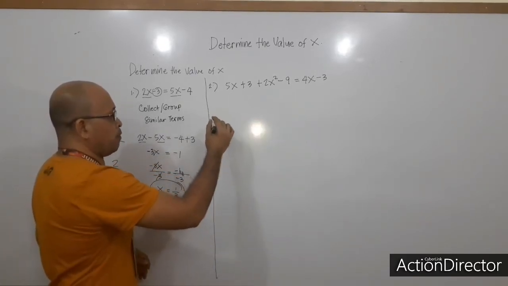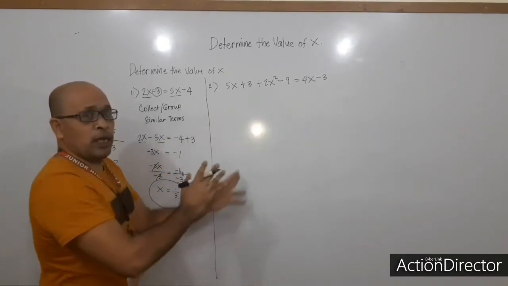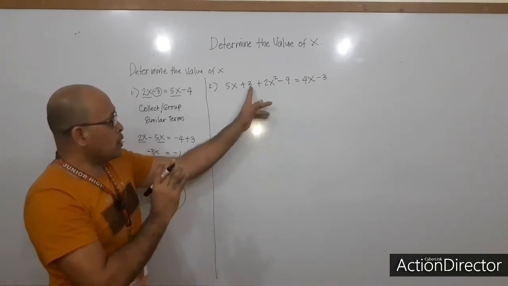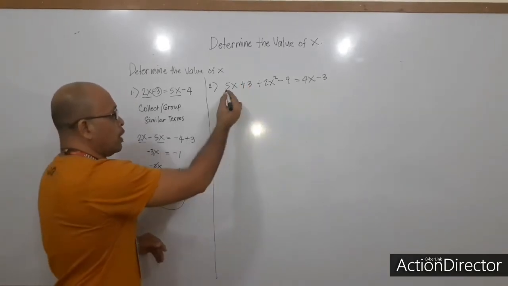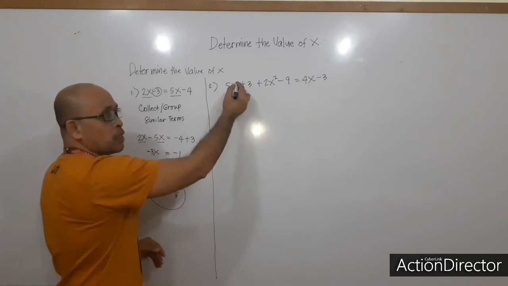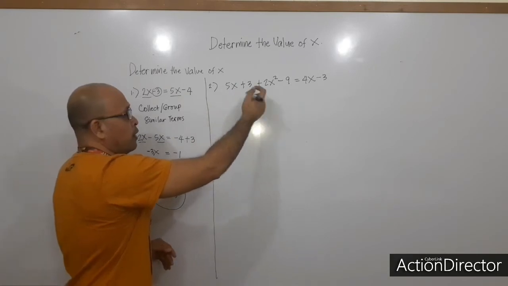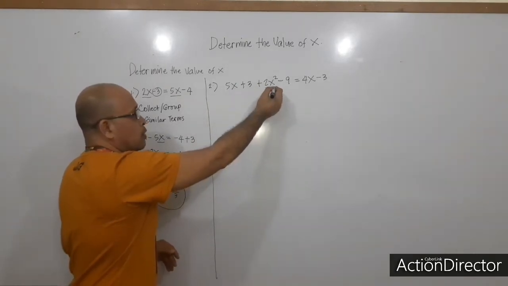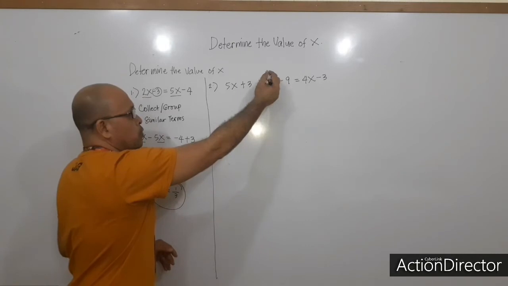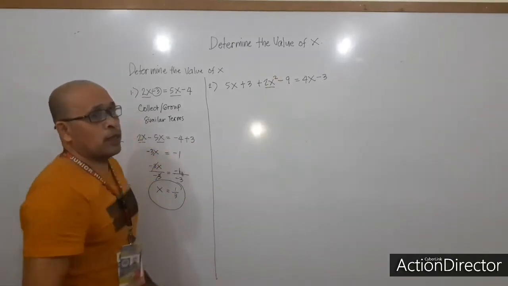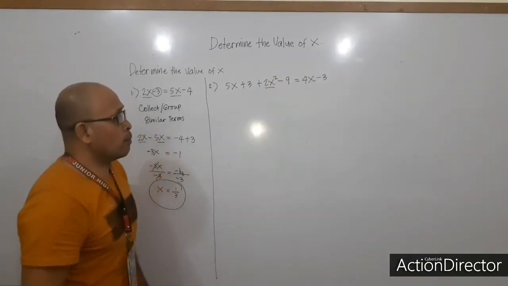Okay, so this time, we are going to arrange by the exponent. Here you have 5x, which means the exponent is 1. This is what we call a linear term. And then the second x contains 2 as exponent, so this is what we call the quadratic term.